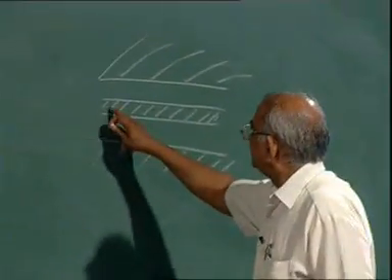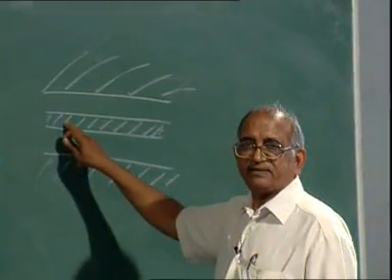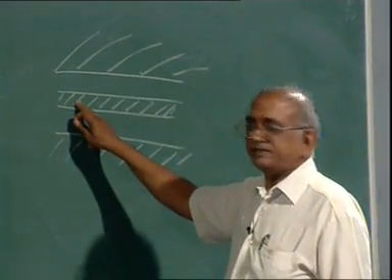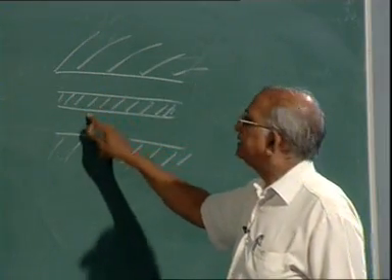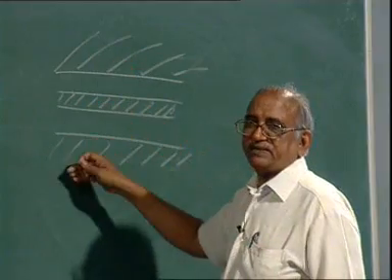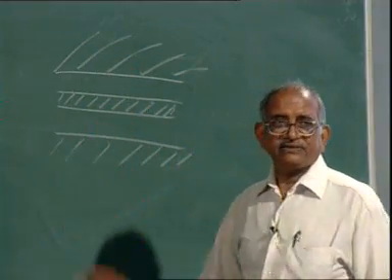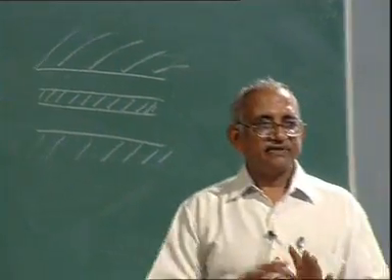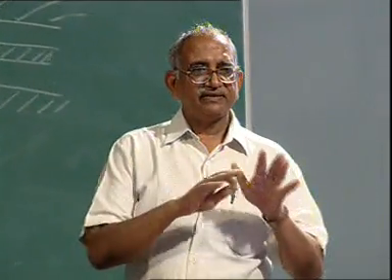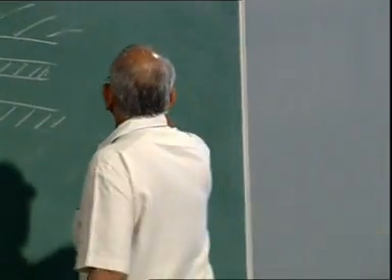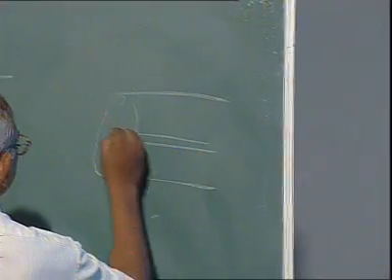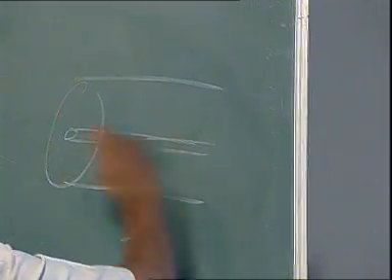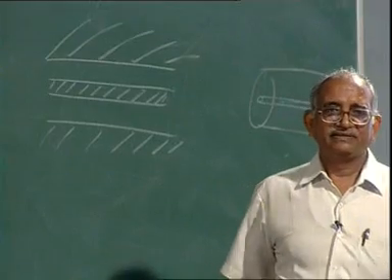So, this metallization acts like the center conductor of the coaxial line. This is the in-between space between the inner conductor and outer conductor, and this together makes the outer conductor. So, the CPW line is called a planar version of the coaxial line. For example, if you take a coaxial line and cut it right through, you will get this type of structure.